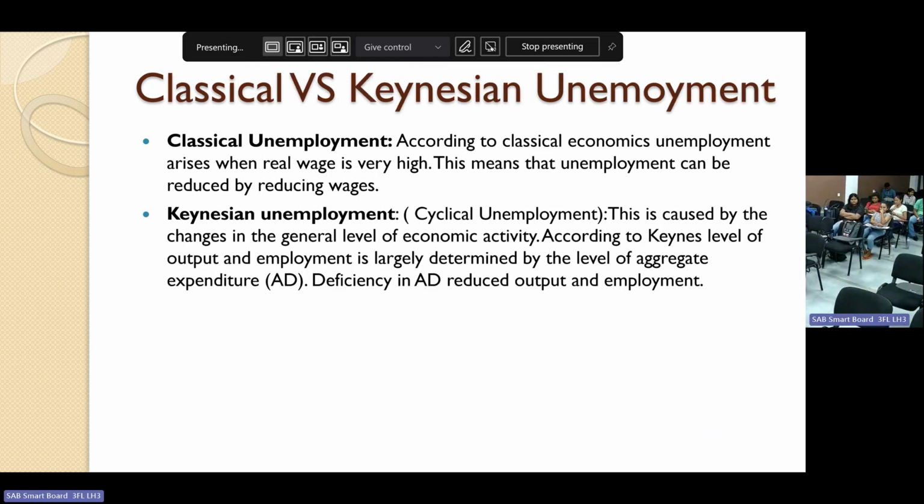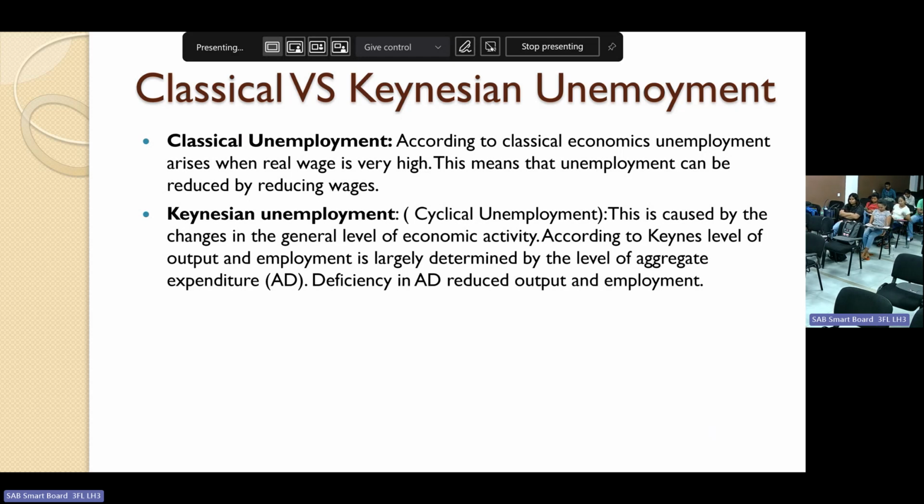Now we can identify classical and Keynesian unemployment. Classical unemployment is associated with the labor market.